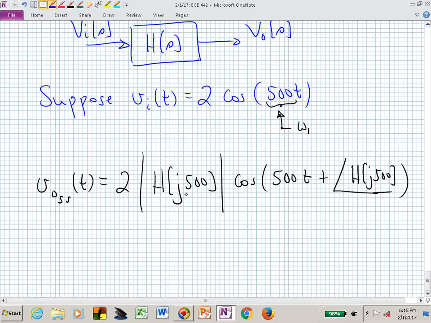All of these are coming from the Bode plot information associated with that low-pass filter.